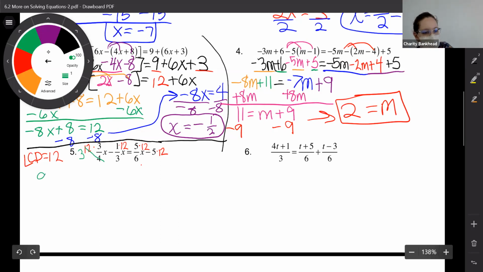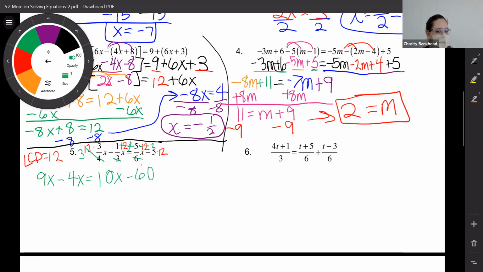So this would just be 9x minus, and then 3 goes into 12 4 times, and 1 times 4 is 4, so that would just be 4x equals, and then 6 goes into 12 2 times, and 5 times 2 is 10, so that would just be 10x minus, and then 5 times 12 is 60. So I just have 9x minus 4x equals 10x minus 60.